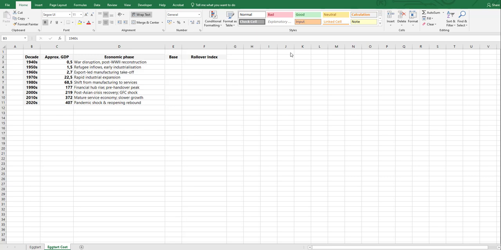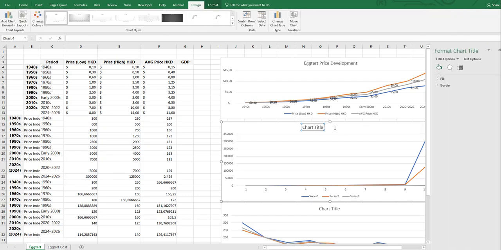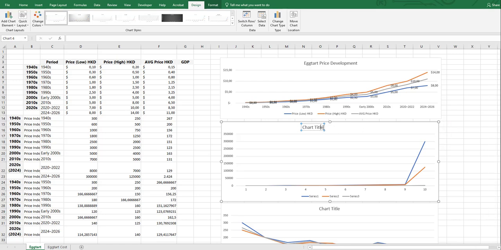In my previous video I talked about Eggtart inflation in Hong Kong. I created several charts related to that. We saw that the price increased by a very high amount in the base index, the price index with base, so compared to our baseline.